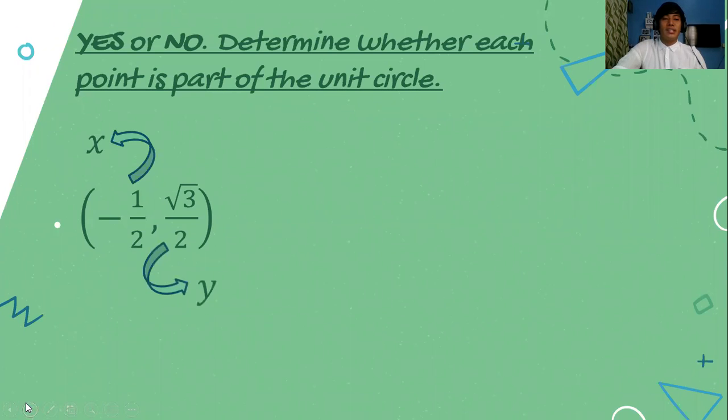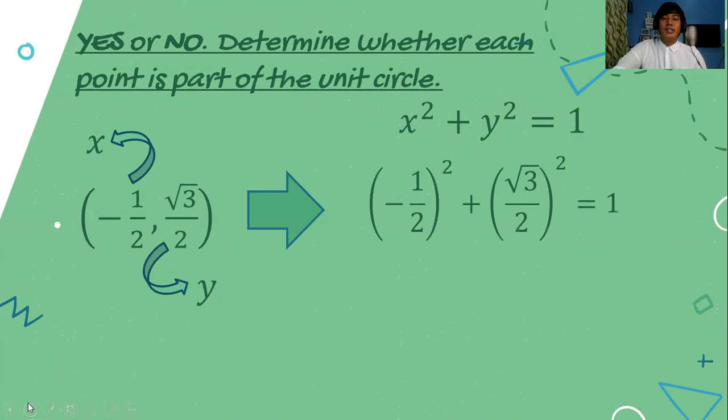We know that x here is our cosine value, and y here is the sine. So by using the standard equation of a unit circle, x squared plus y squared is equal to 1, simply substitute. We have negative 1/2 squared plus the square root of 3 over 2 squared.